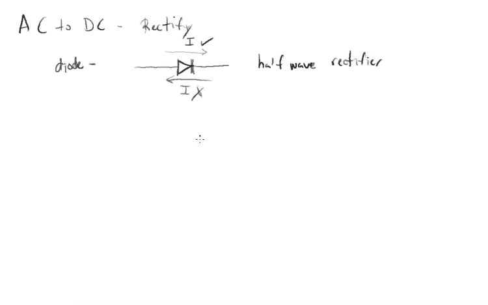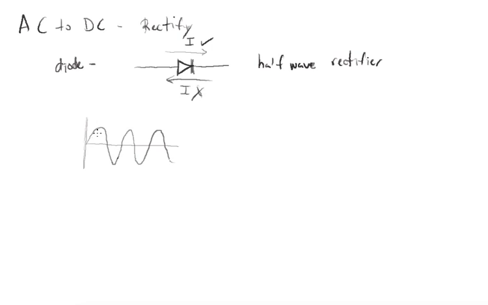Okay? And if you think about it, if we send an AC current through this, right? So we have some AC current attached to this alternating current, and we send it over here, what's going to come out on this side? Well, if we look at our input, right? This would be our input, an AC signal, something like this, going up and down and up and down and up and down like that.